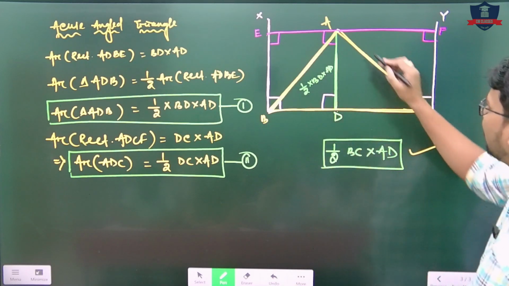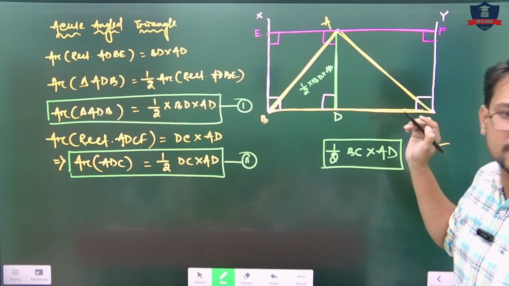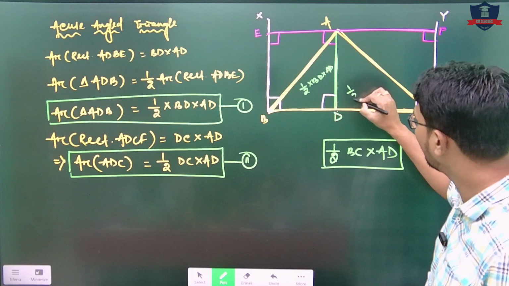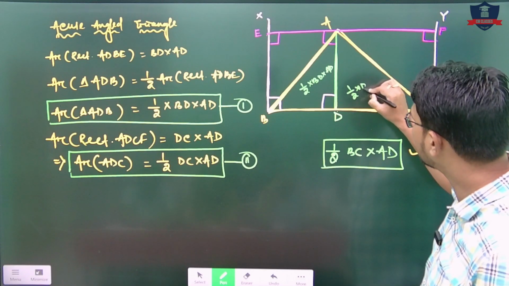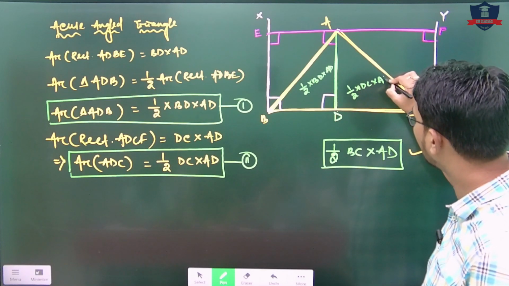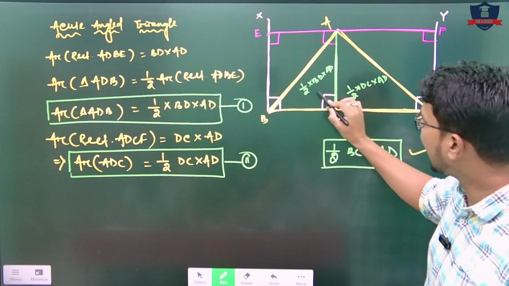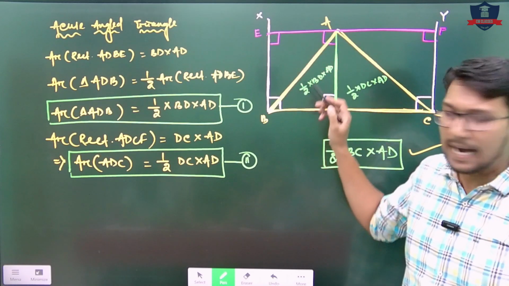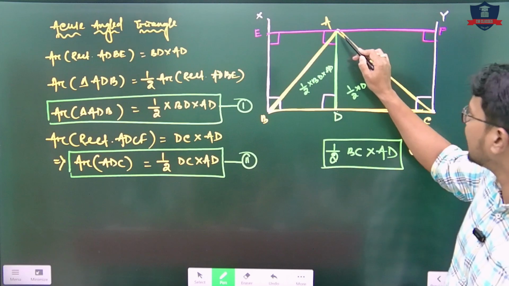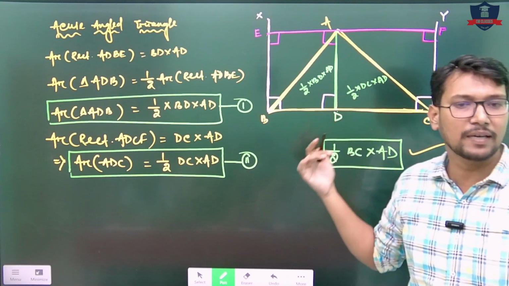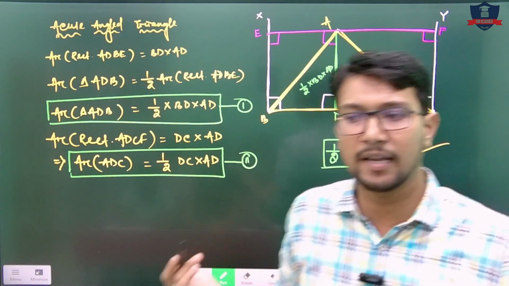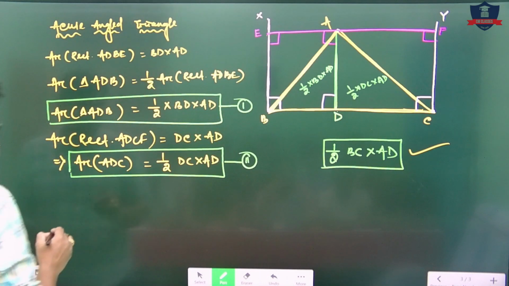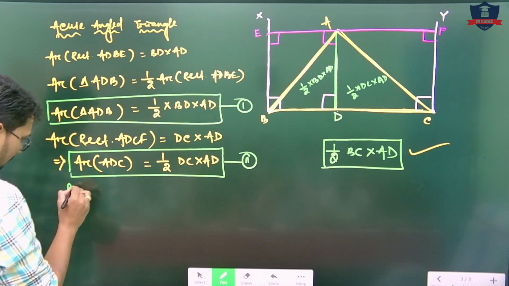Similarly, children, area of ADC is half into DC into AD. So let us add these two triangles. We will get the triangle ABC. If we add ABD area plus ADC area, we will get the area of triangle ABC.